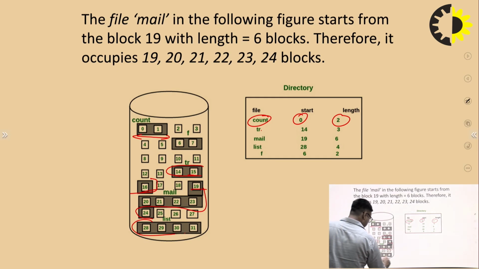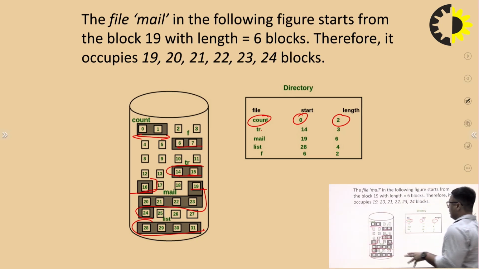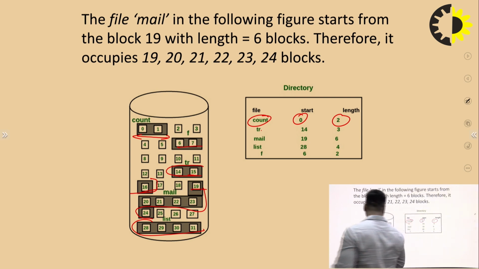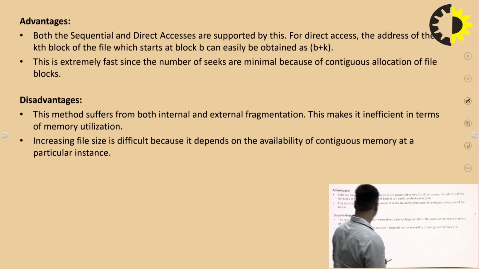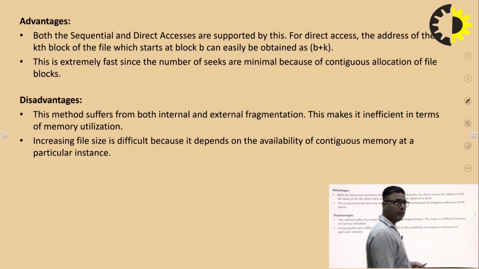So you have to cover 4 positions, and another file starts at 6 and its size is 2. So basically we design the sequence manner of files located on a disk, with some advantages and disadvantages, because both sequential and direct access are supported by this method.